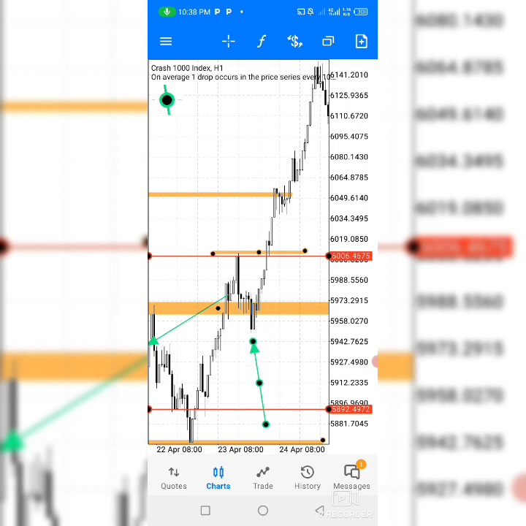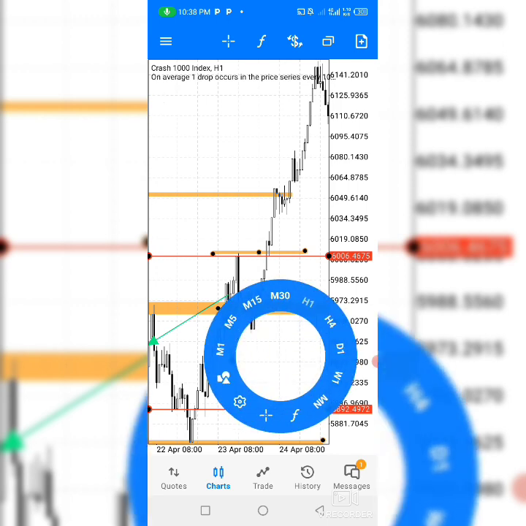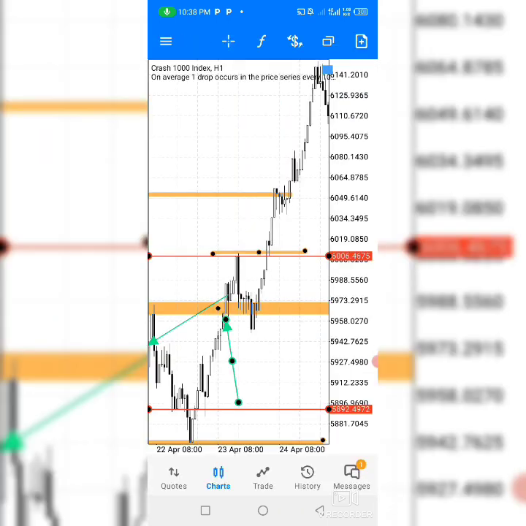But before you buy, there must be a break of structure. I say, what are structures? Structures are those shapes, M, W, V, their combinations, and so on, that are all structural elements. Now, you have to identify this structure. In the H1 time frame, I'm seeing a structure here.